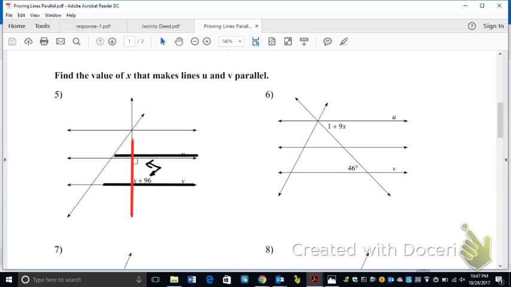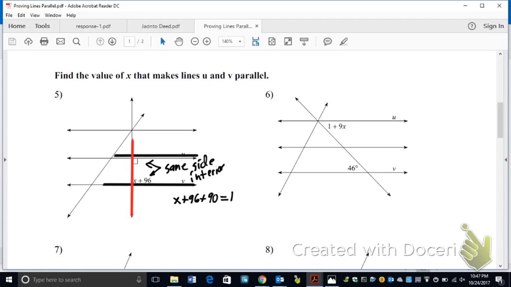So, we know that those 2 are same side interior. We're going to look at the converse of the same side interior postulate. And that says that if 2 lines and a transversal create same side interior angles that are supplementary, then the 2 lines are parallel. So we want to find out for what value of X those angles are going to be supplementary.